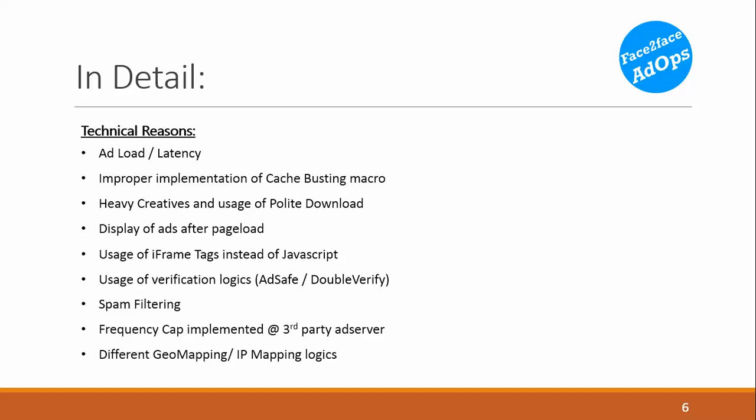Heavy creatives and usage of polite download logic. So with evolution of digital advertisement, banner advertisement has come a long way. The size earlier was less than 40 KB, and 40 KB was something very high earlier.